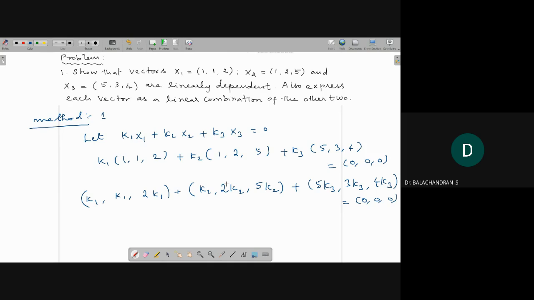So you'll get 3 equations and 3 unknowns. What is the first equation? k1 plus k2 plus 5k3 equal to 0.